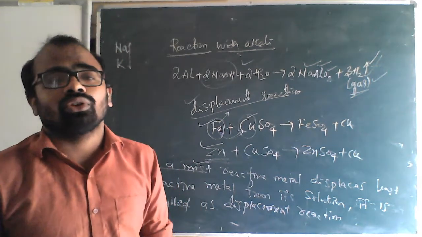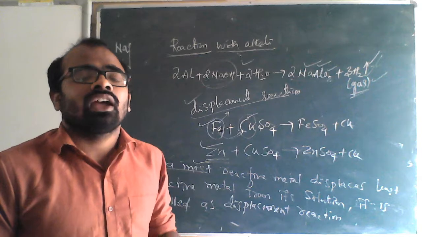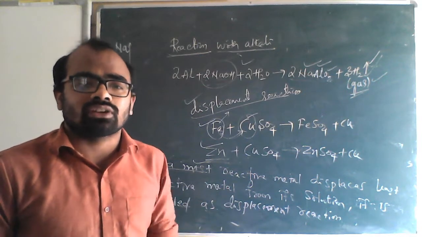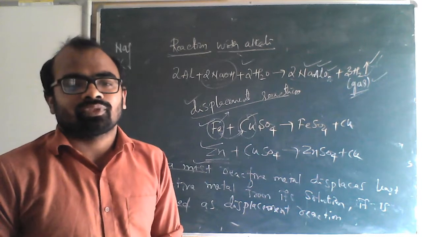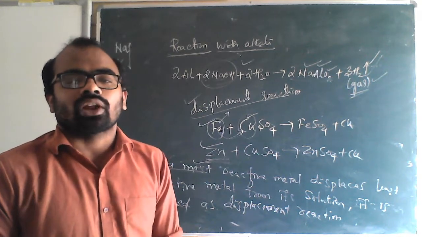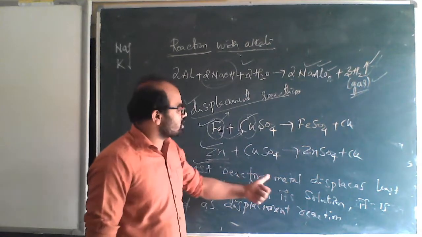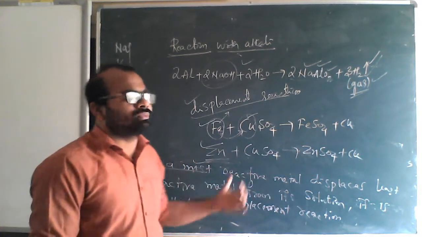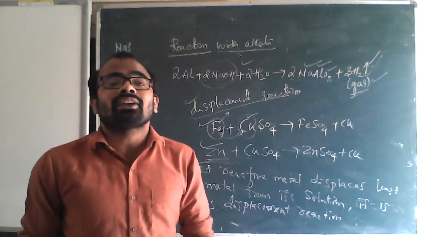Same with zinc: zinc reacts with copper sulfate and displaces the copper from its sulfate solution, so it becomes zinc sulfate. You should know this: when a more reactive metal displaces a less reactive metal from its solution, it is called a displacement reaction.